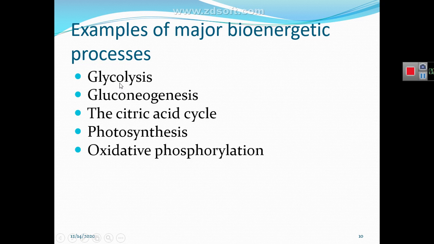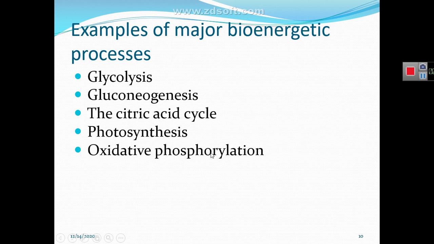In glycolysis, glucose breaks down to pyruvate, producing energy. These pathways also produce energy, and these three pathways take place in our human body. However, photosynthesis takes place in plants, and photosynthesis uses sunlight and carbon dioxide to produce ATP molecules.